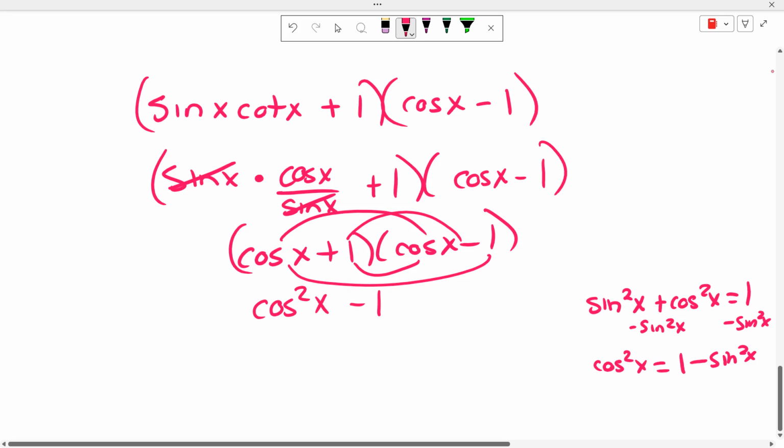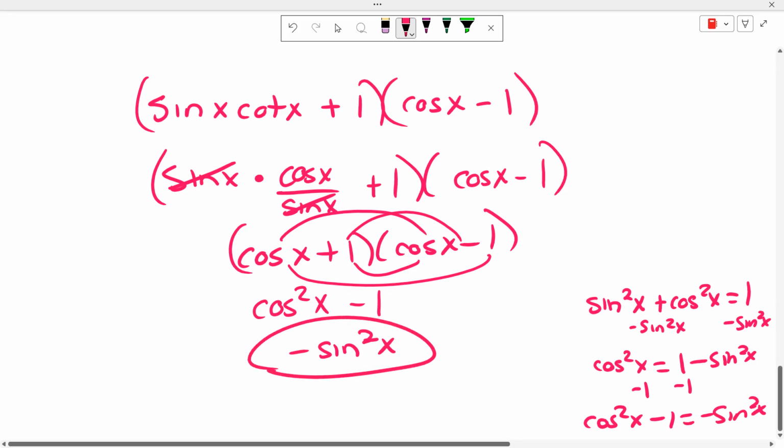And then how can I make it look like cosine squared of x minus 1? Subtract 1 from each side, so I get cosine squared of x minus 1 equals negative sine squared of x, and so this is equal to negative sine squared of x, and now it's just one term. I go from this complicated thing all the way down to this.